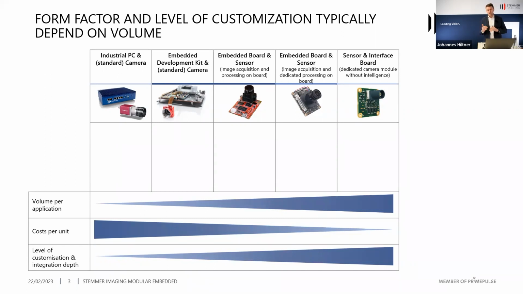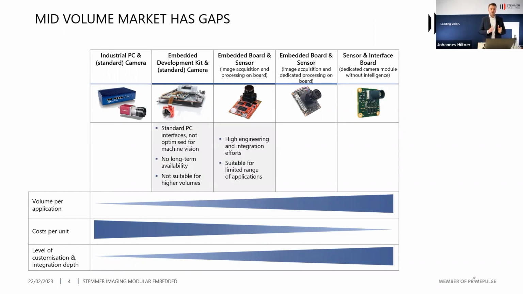And on the very right, there are, let's call it sensors and interface boards, which are highly optimized for a very specific imaging task. So the more we go into the level of customization or the level of integration depth, also the costs per unit get lower, but also the volume per application gets bigger. And especially with those two parts in the middle, we see some downsides.